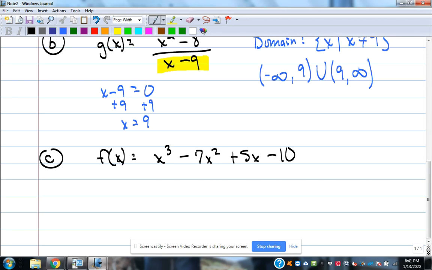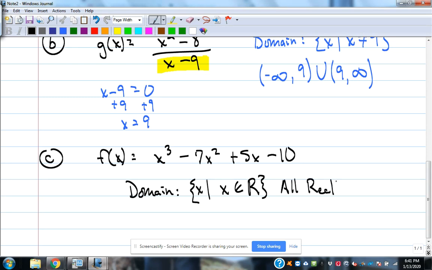No. So what's the domain? All real numbers is what that means. You may have written it out like that last semester. Negative infinity to positive infinity is the interval for that.